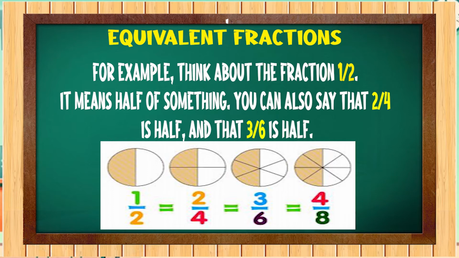But 2/4 also represents a half. However, the denominator is 4, while the numerator is 2. We also can represent a half by using the numerator as 3 and the denominator as 6 in the fraction 3/6. And then there's the fraction 4/8 that can also be used to represent a half.